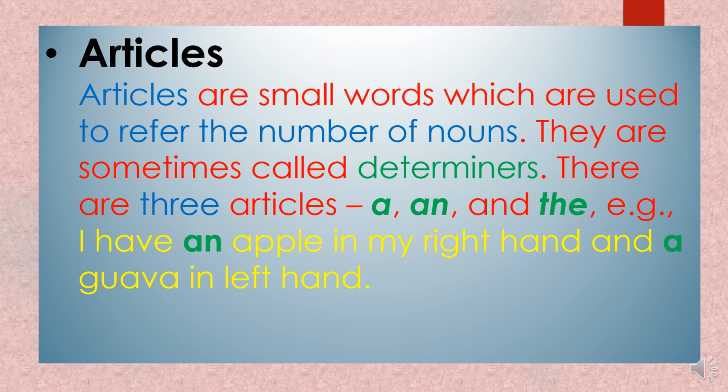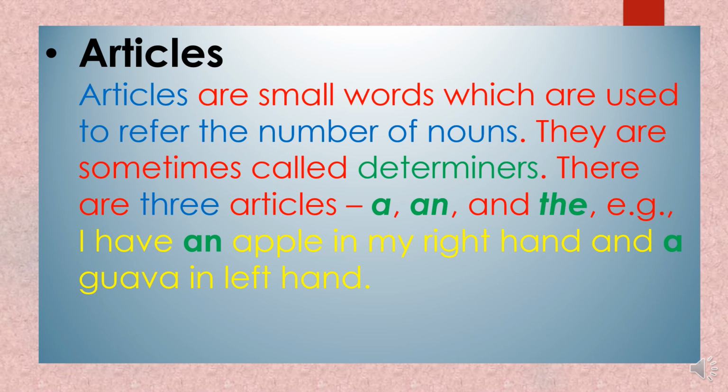I think you are all aware where to use a and where to use an. A is always used before a consonant sound. An apple: see, in apple the sound is a vowel. A, E, I, O, U, you all know the vowels and consonants.